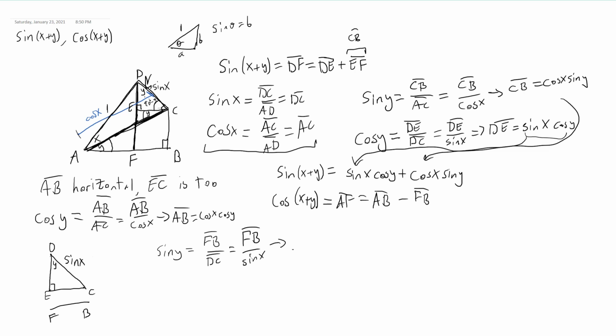So that means that length FB is sine of x sine of y. And so now we have the two lengths that we need. We have AB and we have FB. So if I plug those in, we get cosine x cosine y minus sine x sine y.